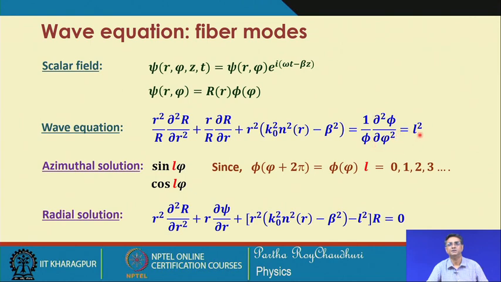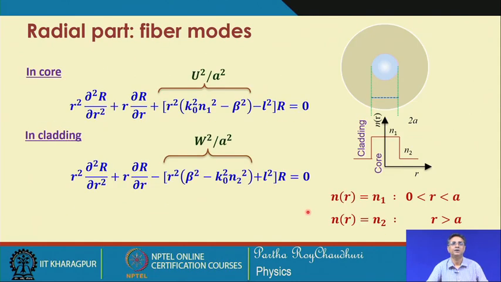These are the things which we have discussed earlier also. So, this will give you the azimuthal solution, which is e to the power of plus minus i L phi, that corresponds to sin L phi or cosine L phi as the solutions, and the radial solution, because L square will come to the left hand side and will constitute this equation, which will be the radial equation, and this equation is well known in physics.